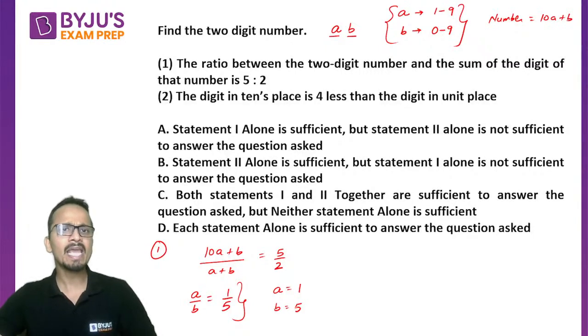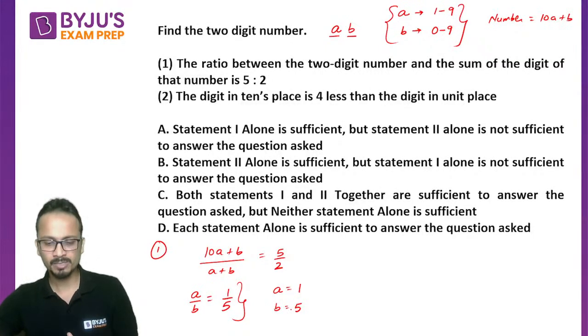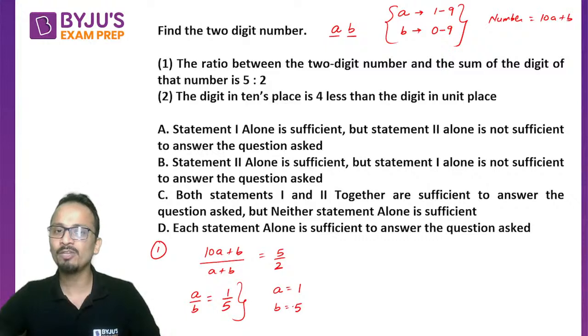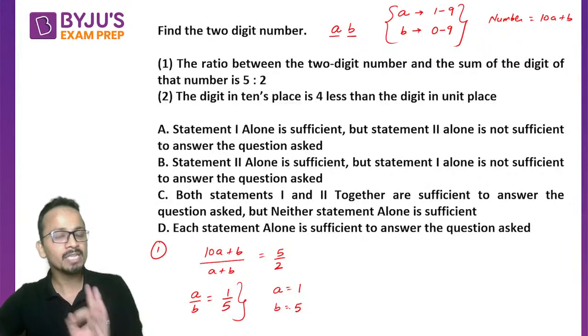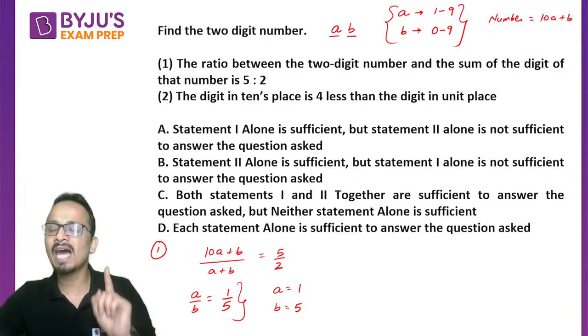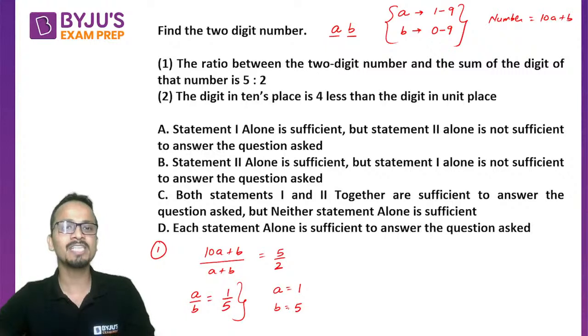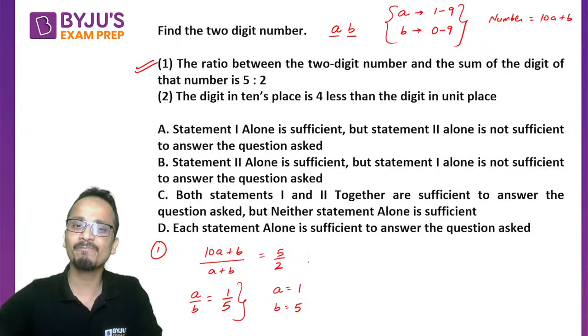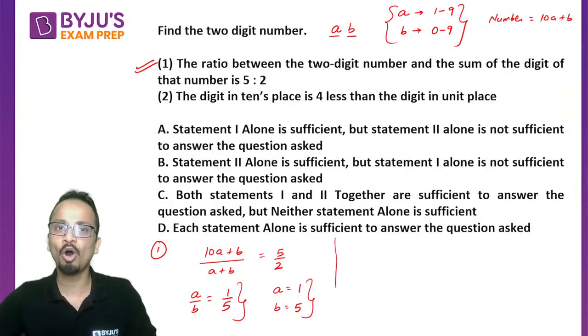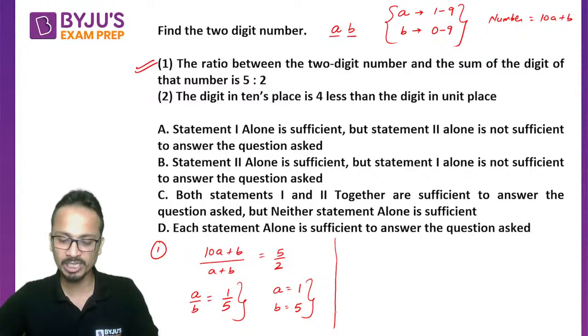Now obviously A and B are single digit numbers, so you cannot find any other values of A and B which are in the ratio 1 is to 5. That's it. So can I say that the answer can be given by using statement number 1 alone? Statement number 1 alone is sufficient because it is giving me a unique value of this two-digit number.